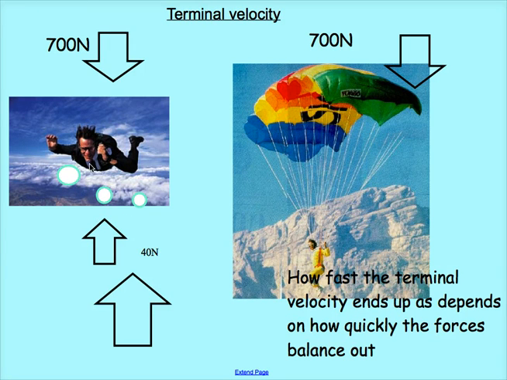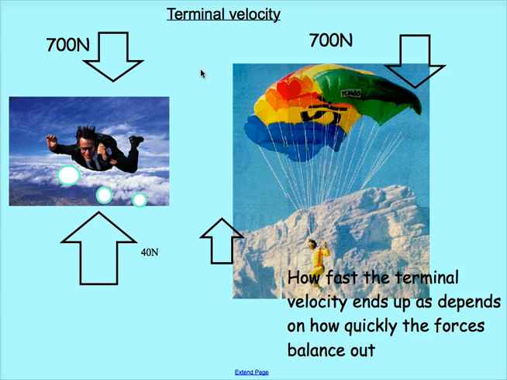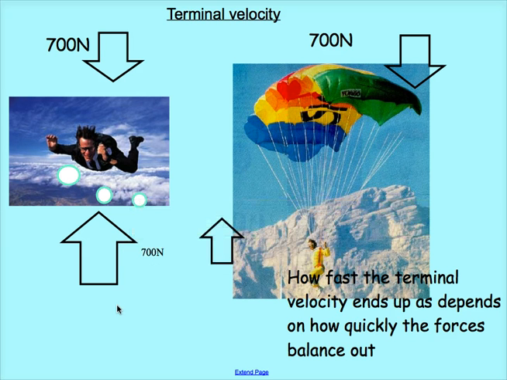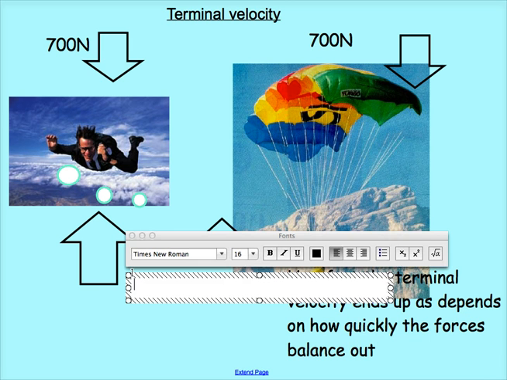As he accelerates, gradually the amount of air hitting him, the force of the air, balances out and ends up at 700 newtons. So he accelerates and accelerates, more and more air particles hitting him, so the force of the air resistance increases until eventually the forces are balanced.